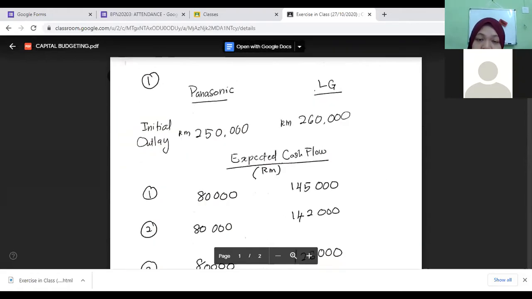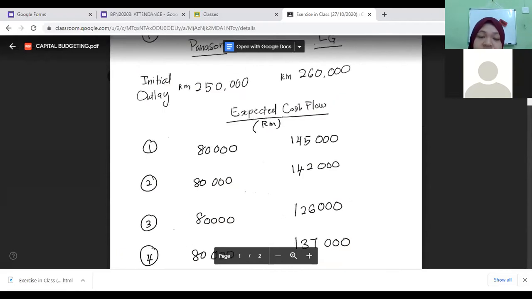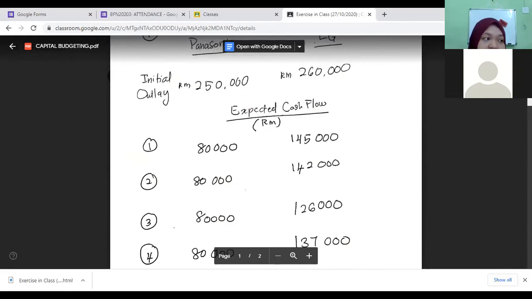Okay, when you want to do this, you need, what is it called? You need a financial table to calculate. Wait a moment.